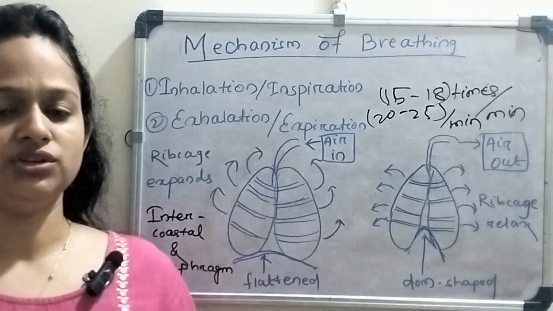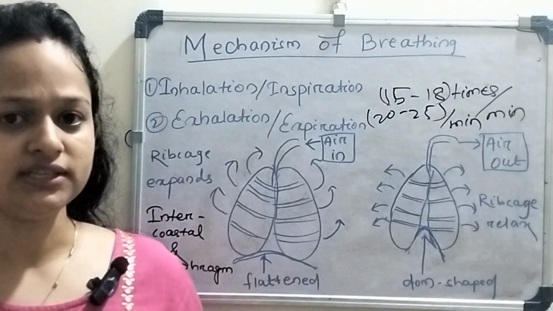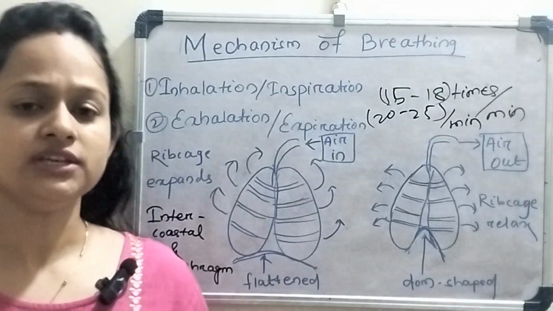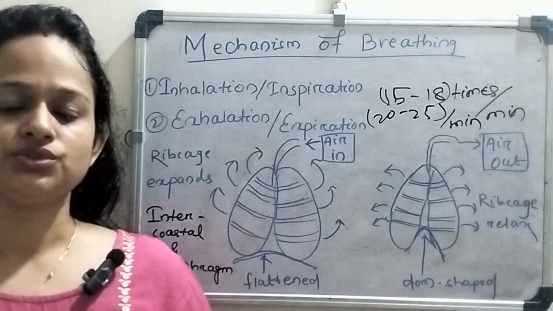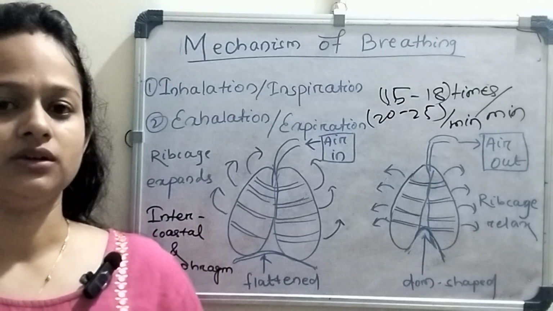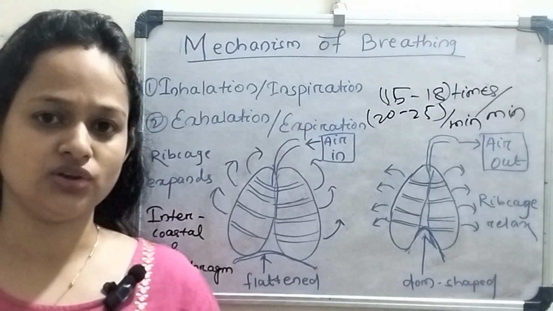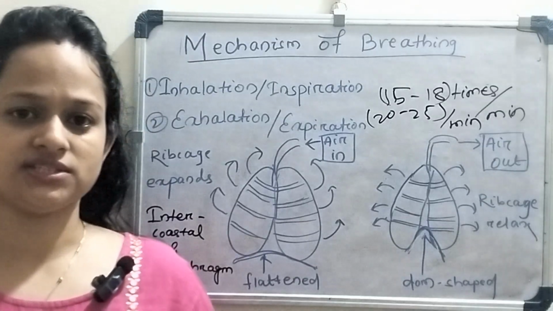On contraction, the diaphragm becomes flattened and it increases the thoracic cavity lengthwise. So due to the increase of volume of the thoracic cavity, the pressure inside the lungs decreases.